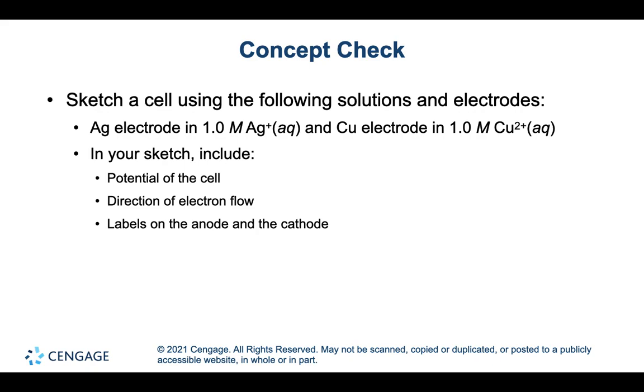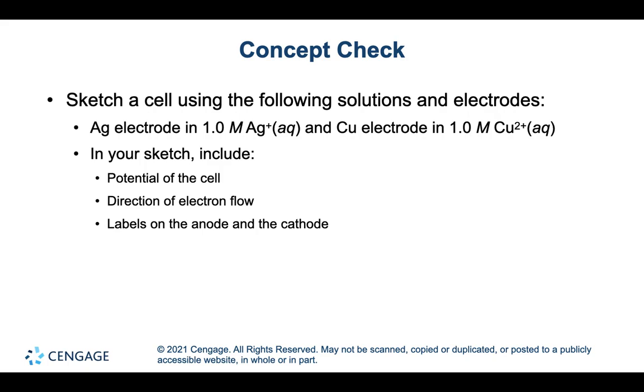Of course, we would always have some negative ion with the silver, something like silver nitrate, and with the copper, copper 2 nitrate. So the nitrate's a spectator ion, not important. The important reaction is silver plus 1 and silver, and copper plus 2 and copper.